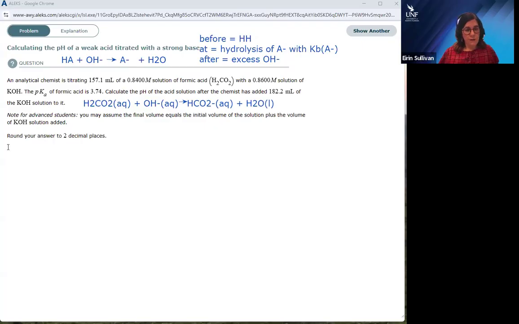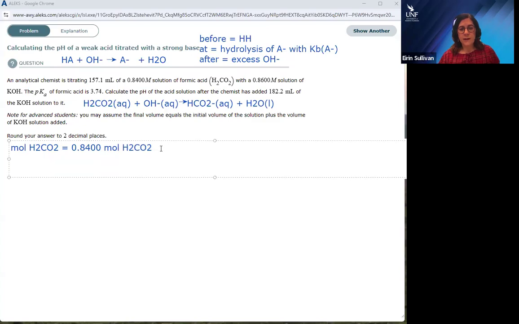So we need to work out if we're before, after, or at the equivalence point. So we've got to work out how many moles of formic acid we actually have, and how many moles of potassium hydroxide we've added. So we're going to take the concentration, 0.8400 moles of H2CO2, and I'm going to write that out from molarity into moles per liter just to make the dimensional analysis a little bit easier.